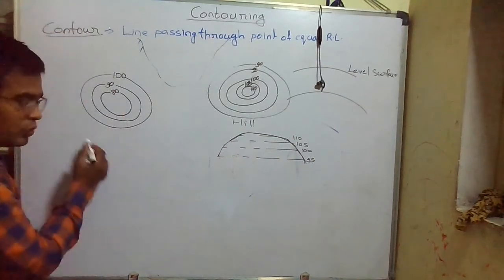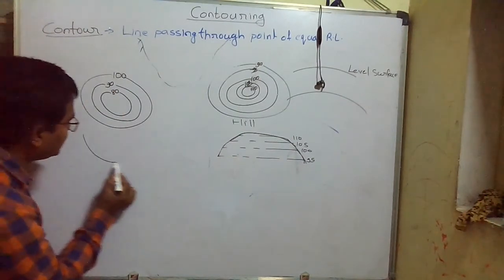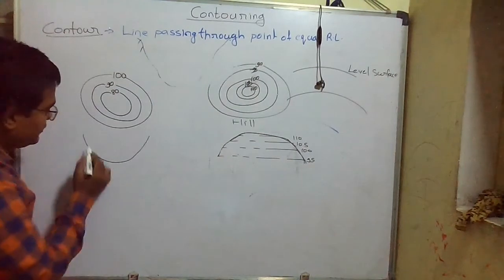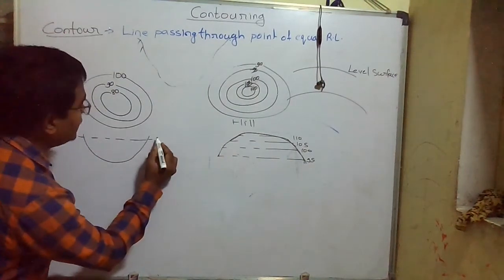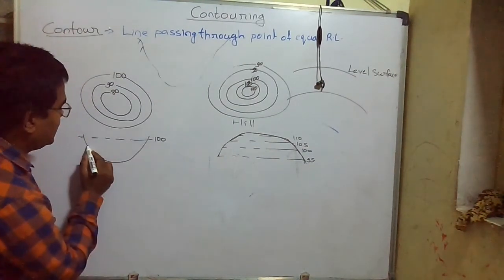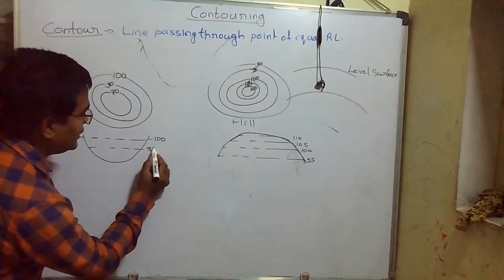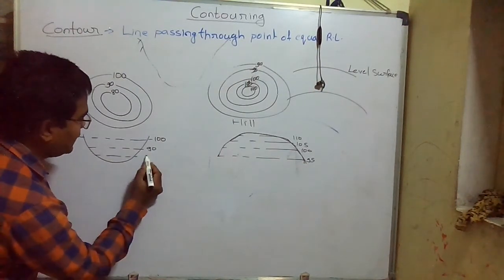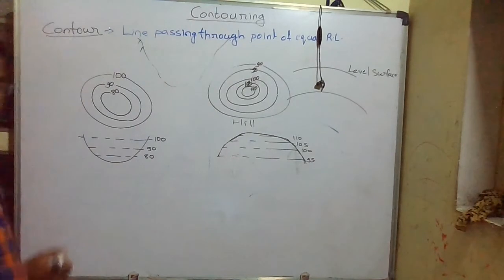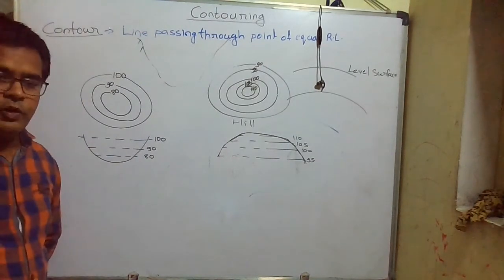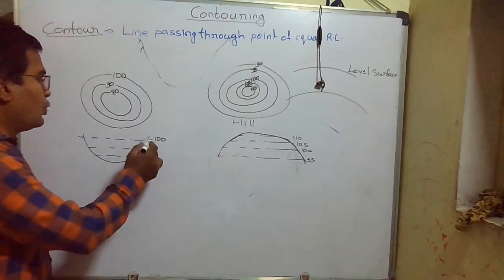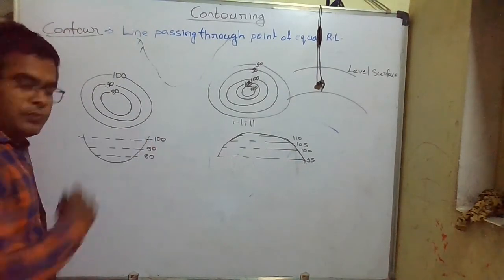Means do we get here the nature of this surface? Nature of surface is like this. Means here the RL is 100, here the RL is 90, here the RL is 80. Got it? Means here we are getting the nature of the ground.